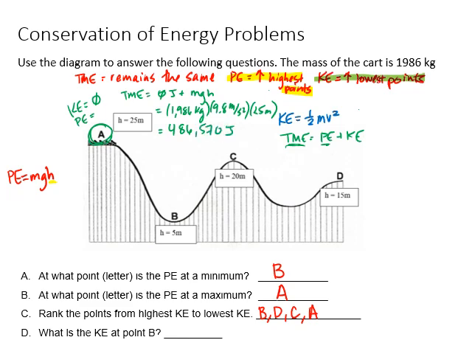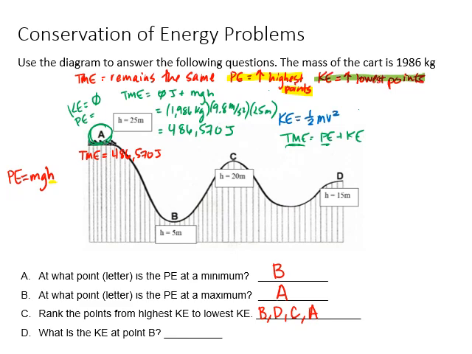This is going to be our total mechanical energy as well as our potential energy. So total mechanical energy at this point equals 486,570 joules. That's going to stay the same.